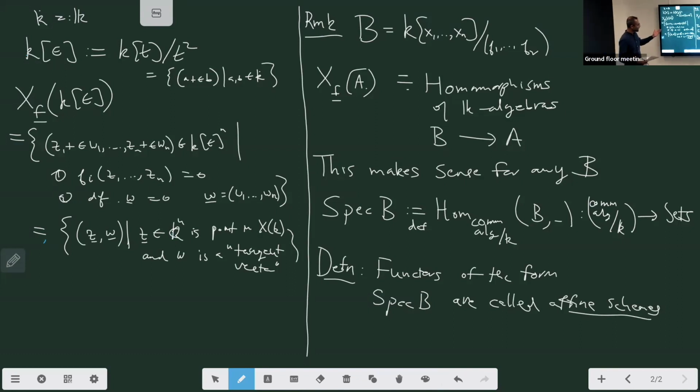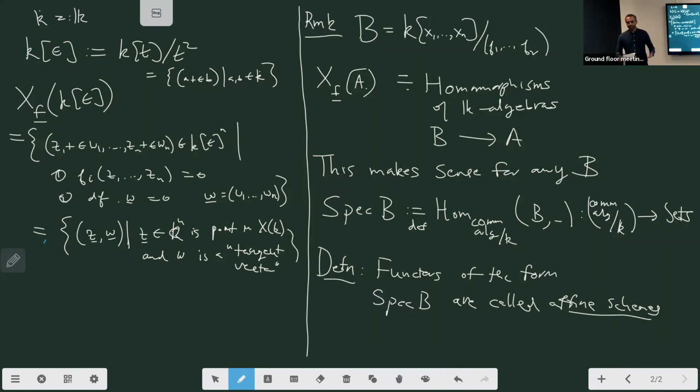We just saw that if I have a functor of a special form, like for example, of the form spec P, then it has some geometric content. For example, I can extract from it things like a tangent space. So inside the collection of all functors, there are nicer functors, which you might call affine schemes, the ones I just defined. But you would like to build more general functors out of affine schemes by gluing.